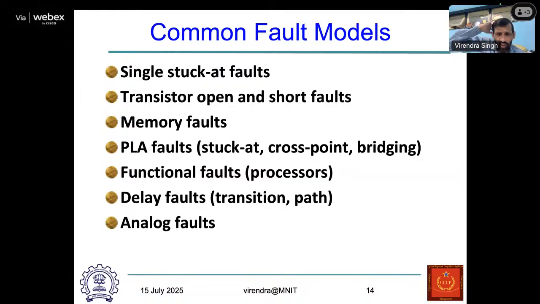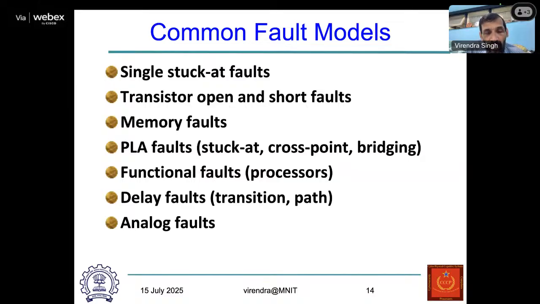The path delay fault model is more for academic purposes, because the number of paths in a circuit is too large, so we cannot target all the possible paths in the circuit to test. However, the transition fault model is pretty much similar to the stuck-at fault model, wherein for every net we ask whether that net is able to change its value from 0 to 1 or 1 to 0 during the clock period time.